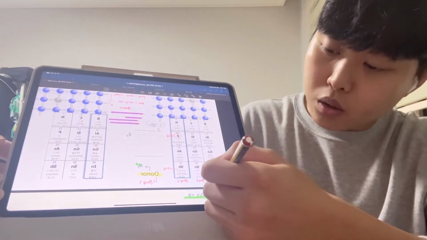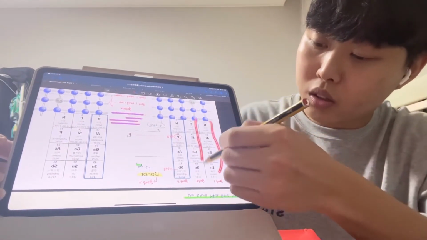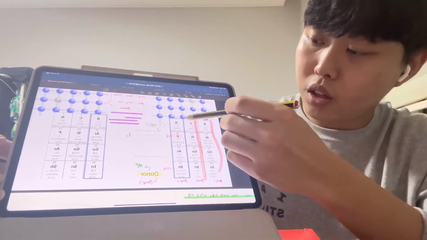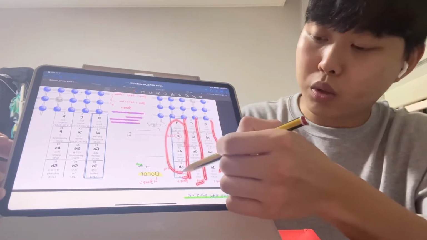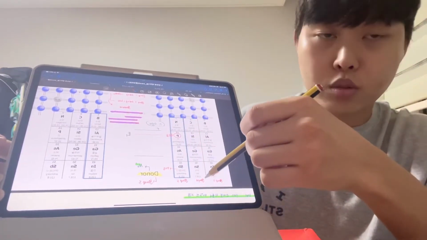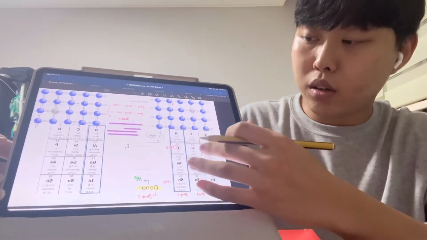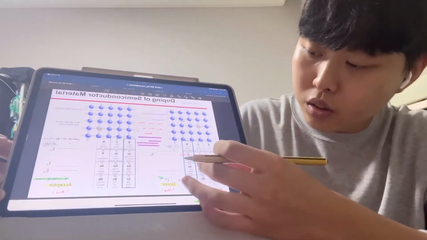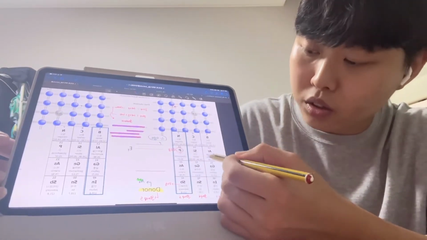So let's see, we call this vertical part group 3, here in the middle group 4, and in the last we call it group 5. So what does group 3, group 4 or 5 mean? Group 3 means if there is an atom, let's say boron or aluminum. Let's look at the aluminum.